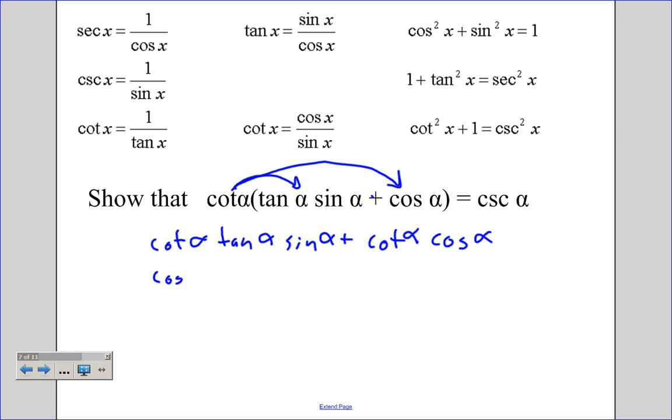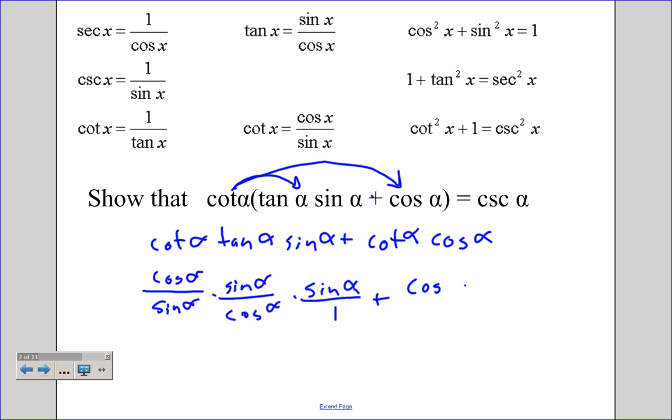So this would be cosine of alpha over sine of alpha over cosine of alpha times sine of alpha over 1, plus cotangent is cosine over sine.